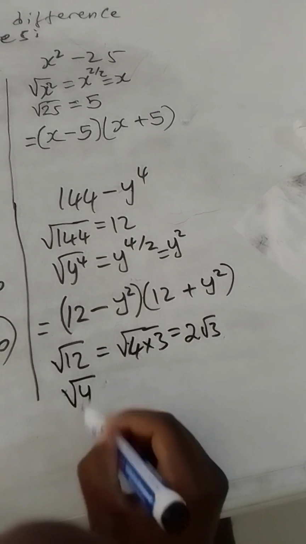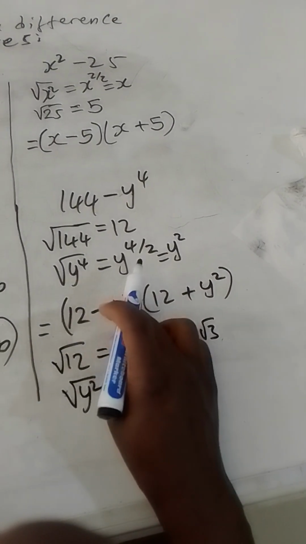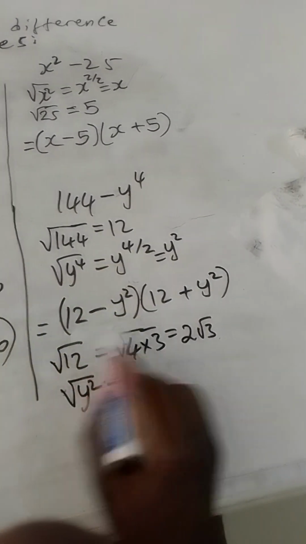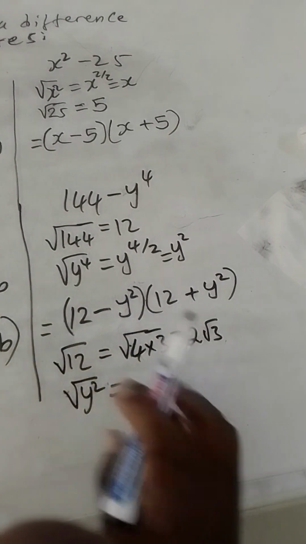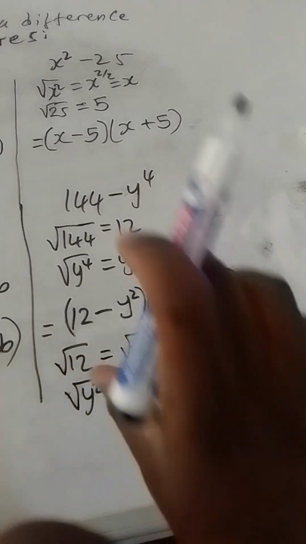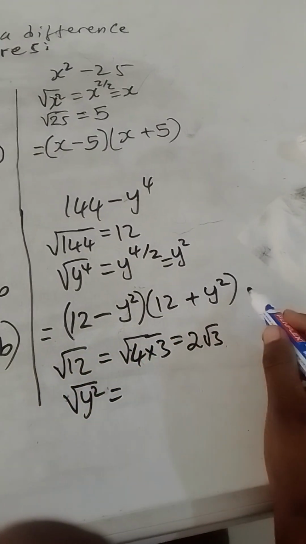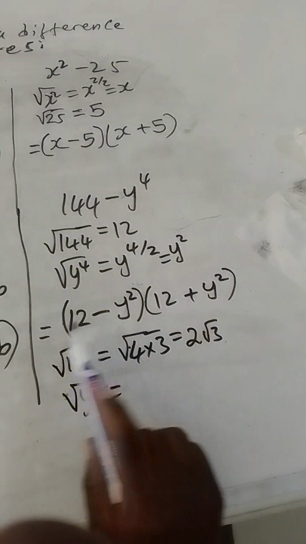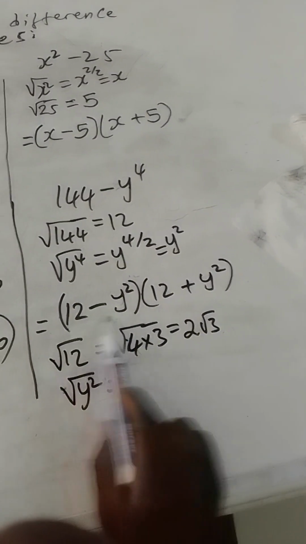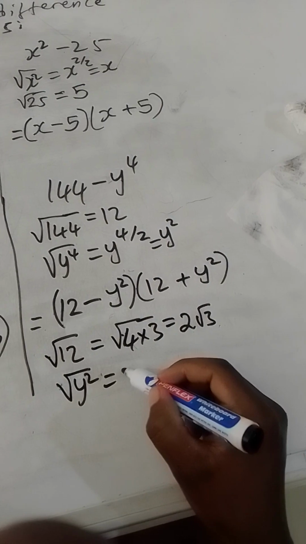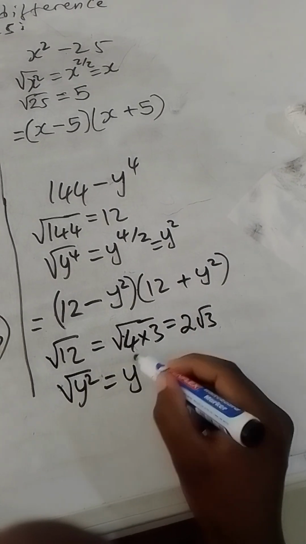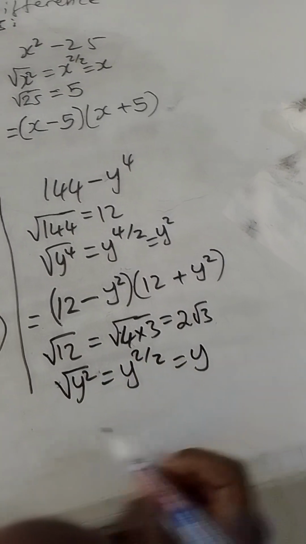Then the square root of y squared is going to be what? We are going on because we saw this is still a difference of two squares. What we are doing now is factorizing fully, because at first we had factorized the original expression but not fully, because we can still factorize here. So this is going to be square root of 1 is 1, of y squared is y to the 2 divided by 2, which is y.